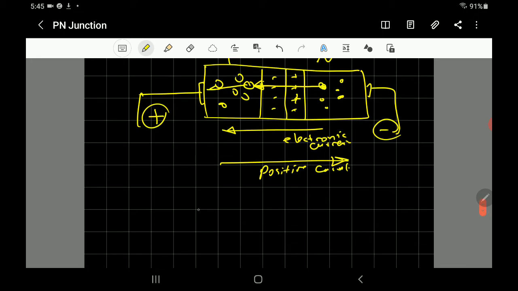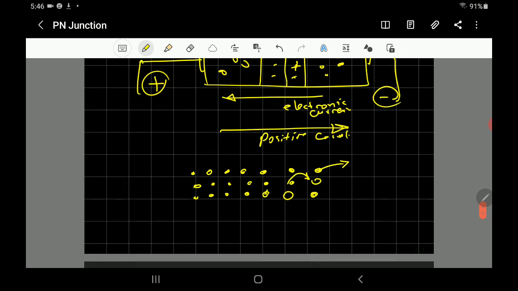Because if you have electrons moving this way, a free electron moves to another place and leaves behind a hole. Then another electron jumps in to fill this hole and leaves behind a hole, and so on.